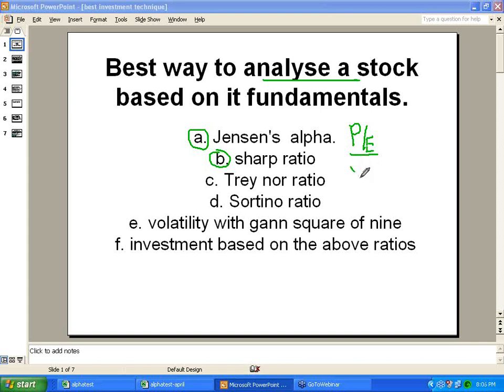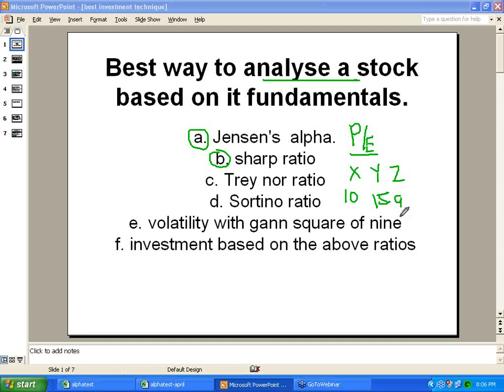Suppose I am taking 3 stocks from the same sector. Say X, Y and Z are the 3 stocks I have chosen. One is at a price earning multiple of 10. Another is at a price earning multiple of 15. And the next one is at a price earning multiple of 9.